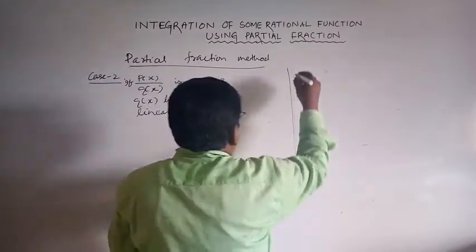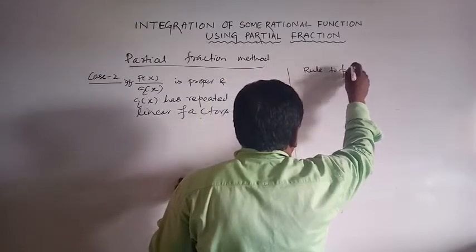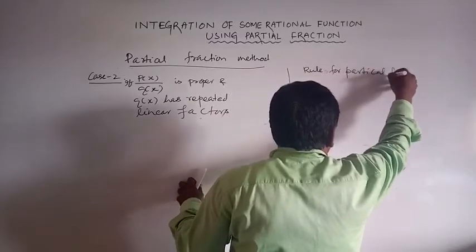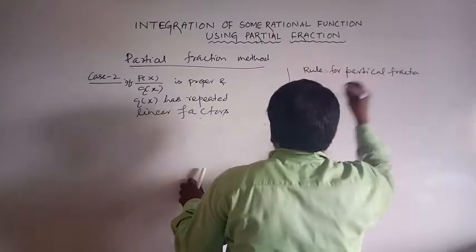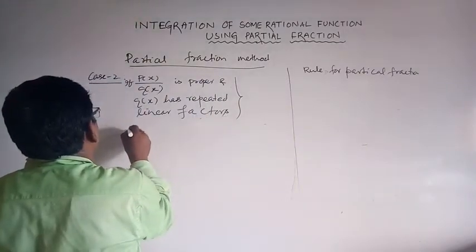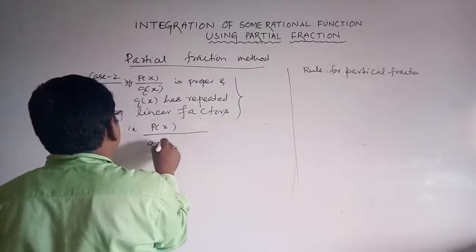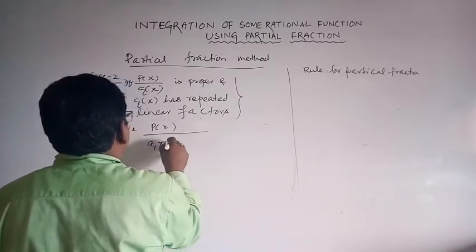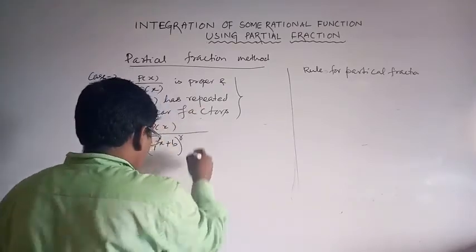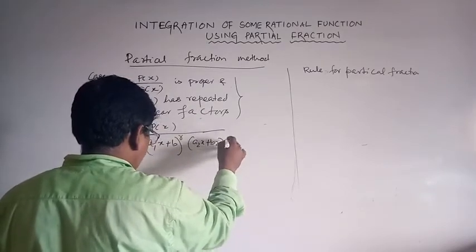This is the rule for partial fraction. That is, p(x) by, suppose this is (a1x plus b1) whole to the power r, (a2x plus b2), like this.